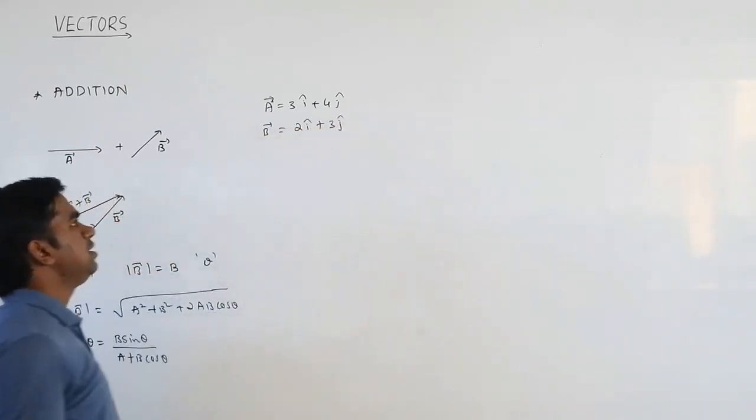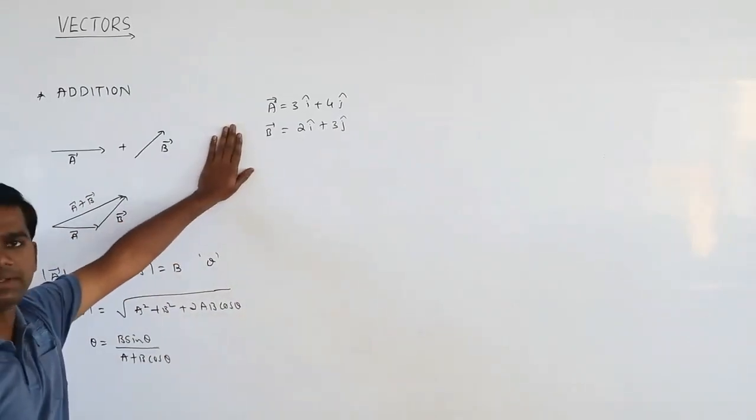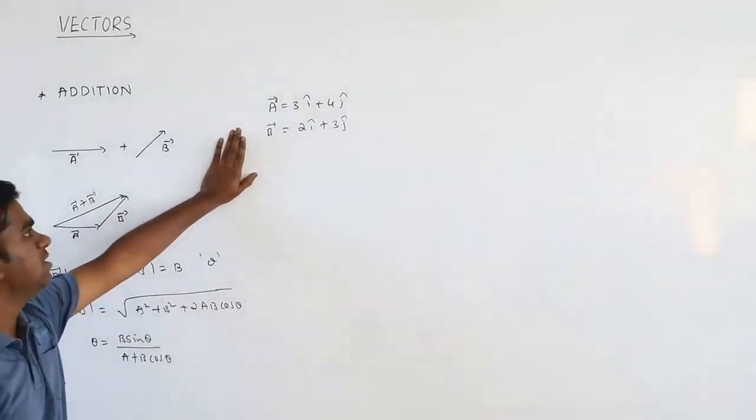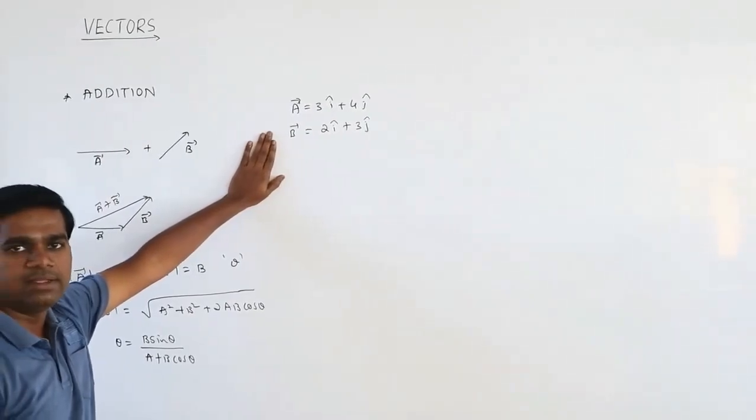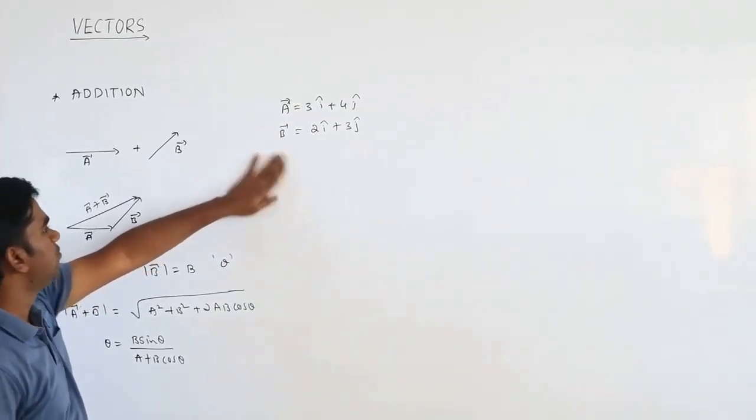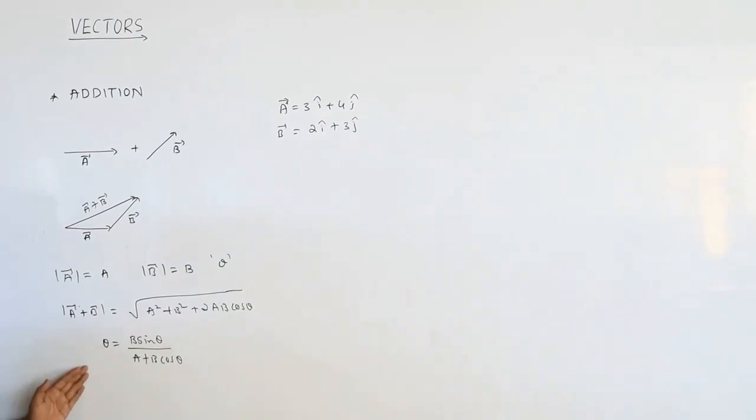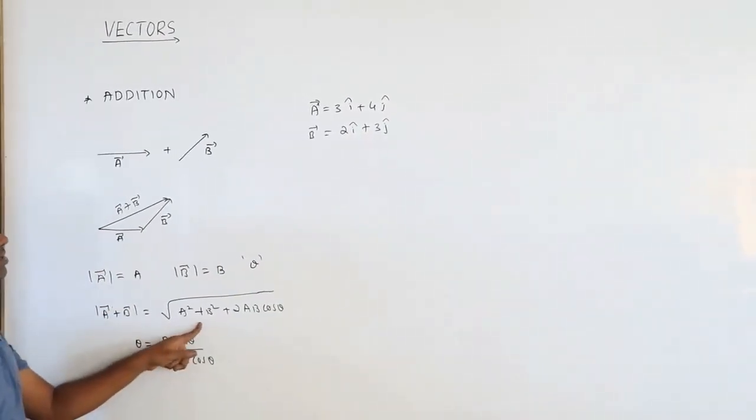So if this is the given format of vector, then how can we add these two vectors?